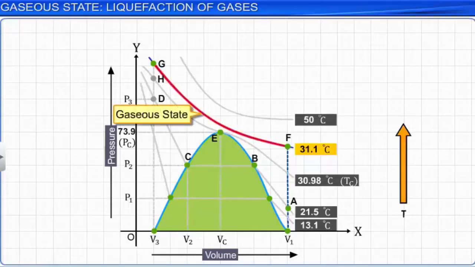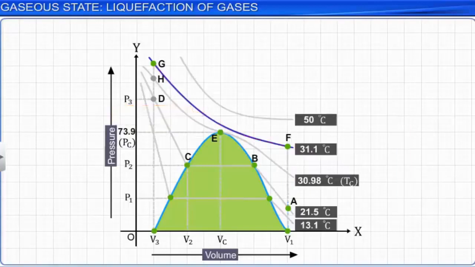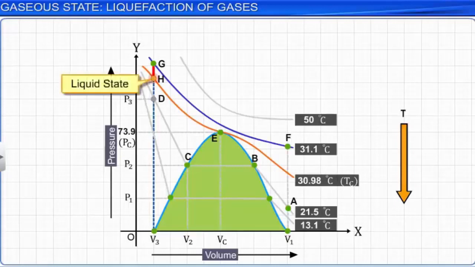Now, if we move vertically down from point G by lowering the temperature, on crossing the critical isotherm at point H, we get the liquid state. Thus, at no stage during the process did we cross the two-phase region. This is called the continuity of state.